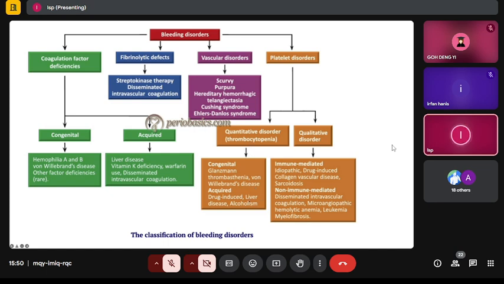So how does liver disease give you low platelet? Anyone, any idea? Actually, I think it's mentioned in the video.